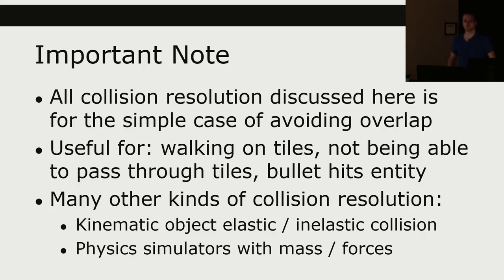So, for example, if two things are moving toward each other in an actual physics simulator, they're going to have mass and orientation. And so, for example, if this is a really heavy anvil falling, then it's not just going to stop. It's obviously going to push the other thing. But we're not getting into that detail. We could take the whole class to do physics simulations if we wanted to, but we're not going to do that.